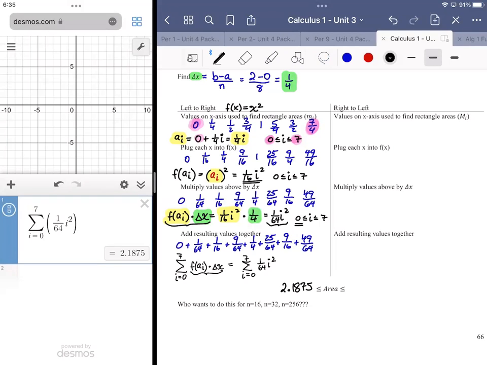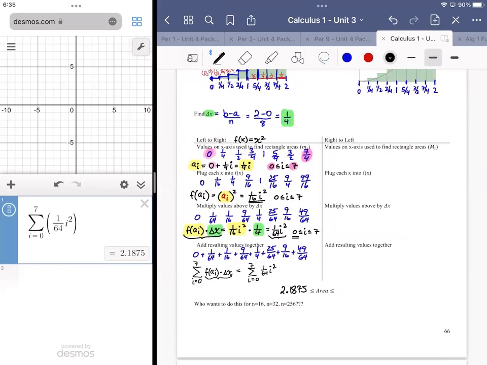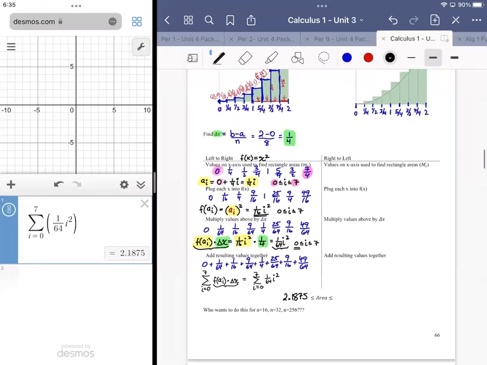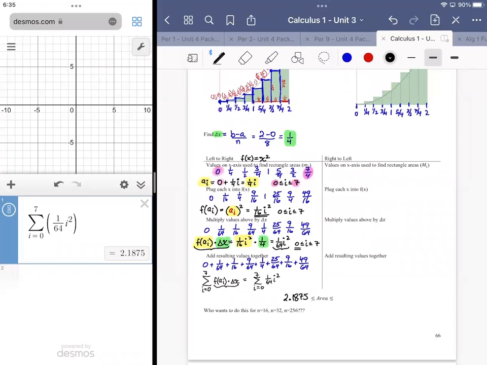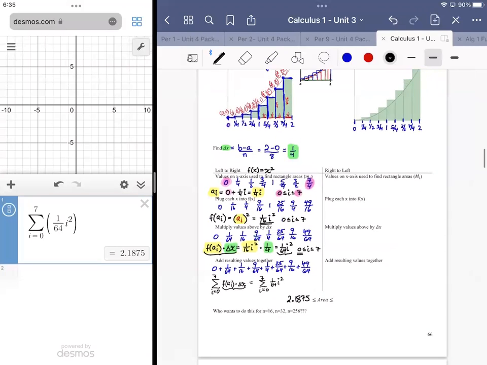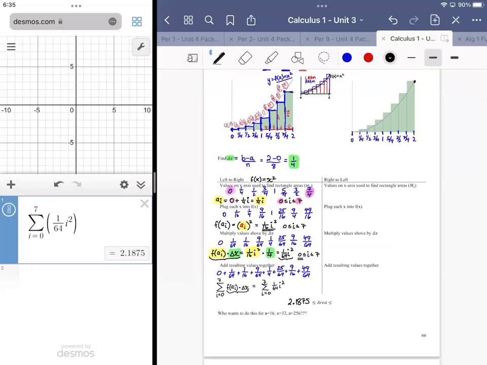All right. So then from the right to left, it becomes a whole lot easier because we're using a lot of the stuff that we've already figured out, right? So we know that the relevant parts of this diagram are going to start on the right side and work our way to the left. It's going to start off with the point 2, then go down to 7/4, then 3/2, then 5/4, then 1, and so on.